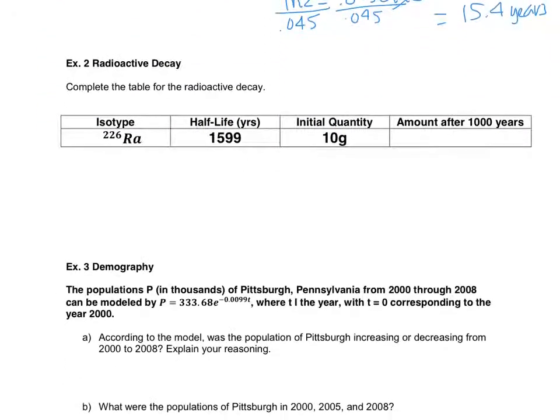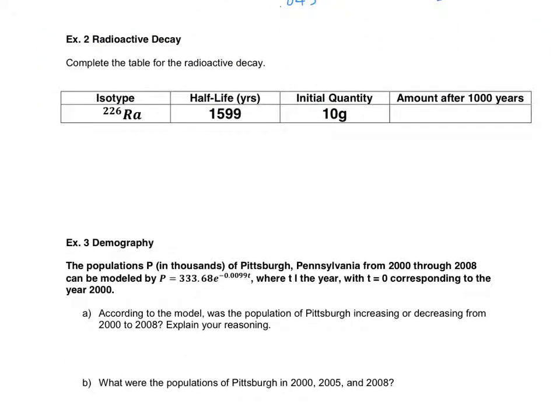Now we're going to move on to example 2, where we're talking about radioactive decay. Same thing, it says complete the table. So again, you're just going to use the formula, and you're going to plug in what you do know to solve for what you don't know. Now, I didn't give you the formula on your formula chart, so I'm going to go ahead and give you that.